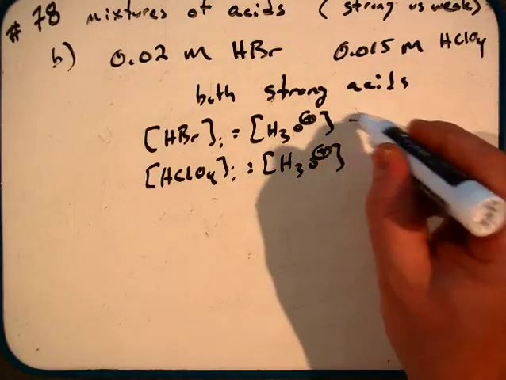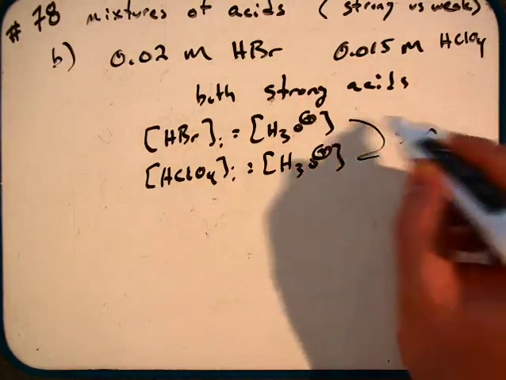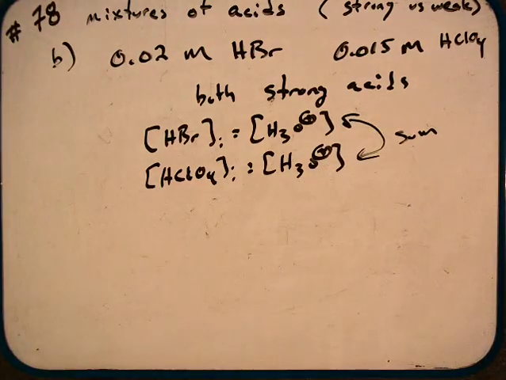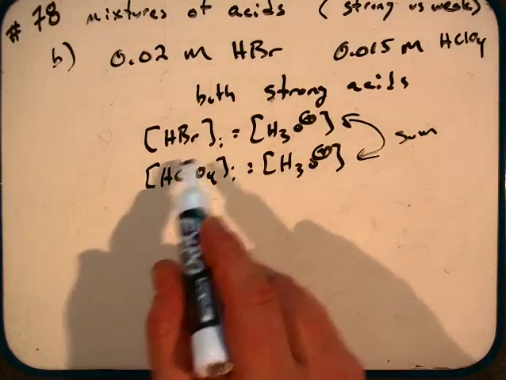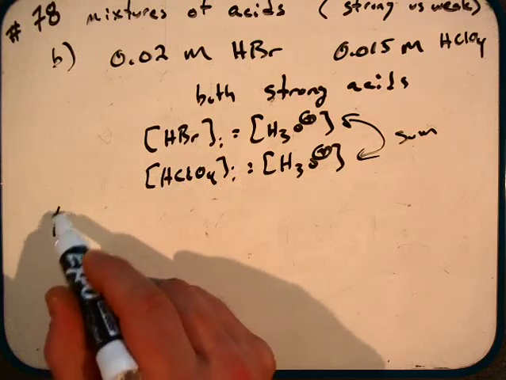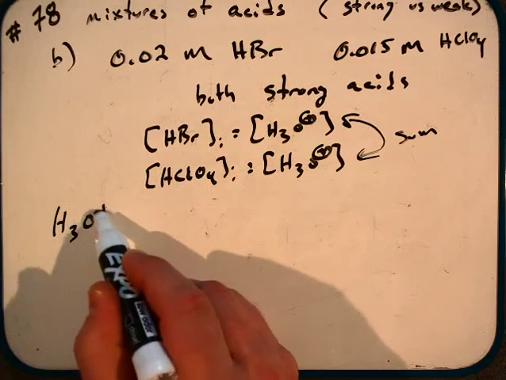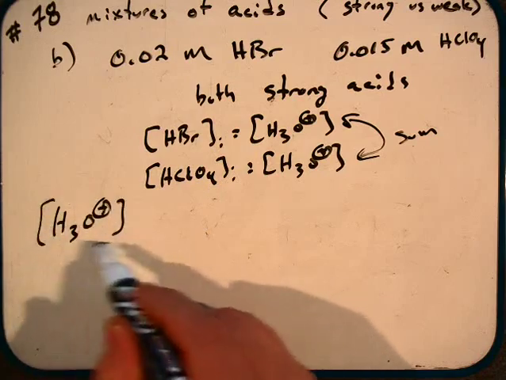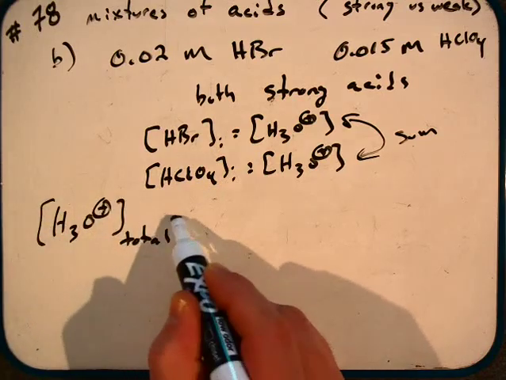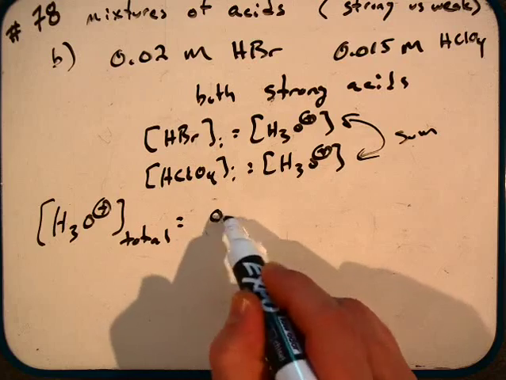And so really we just need to take a sum of those two. If we have HBr at 0.02 molar, we would use that to find the total H3O plus concentration.